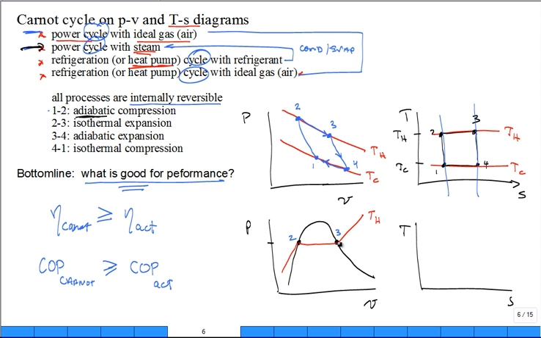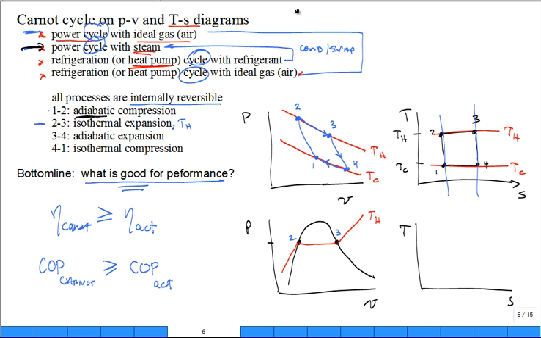All right, let's, again, look at the process 2 to 3. It was isothermal expansion at TH. Did I get state 2 to 3 right? Is it isothermal expansion? Yes, the volume is expanding. All right, and it's constant temperature.